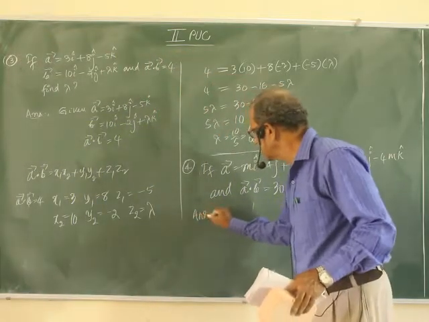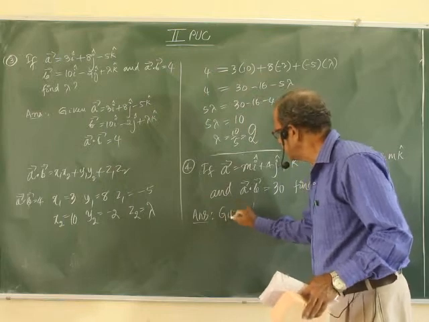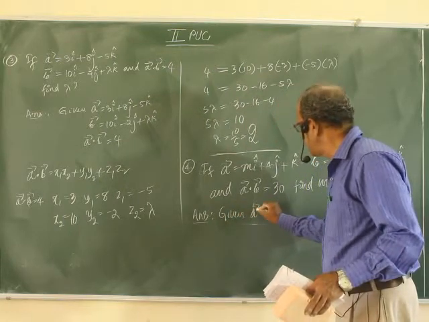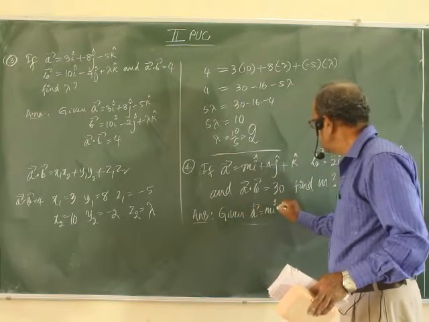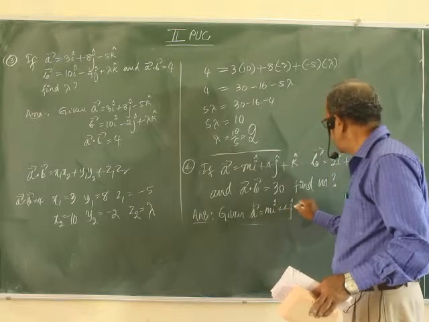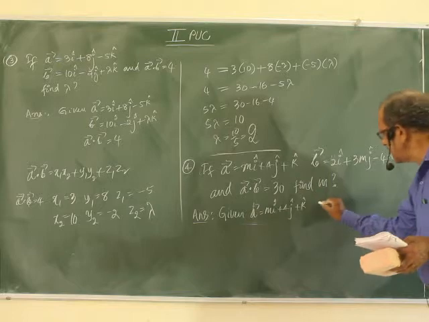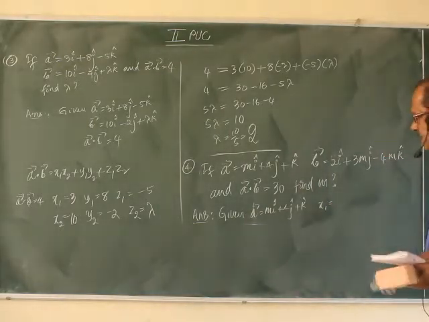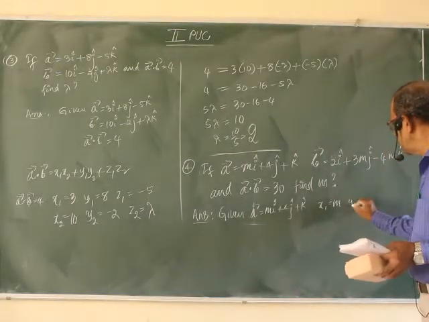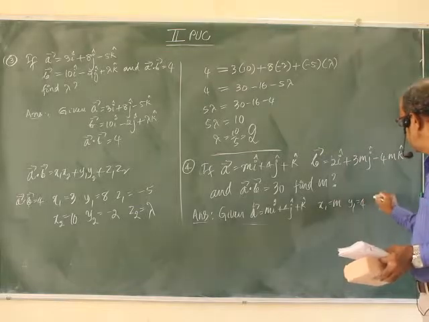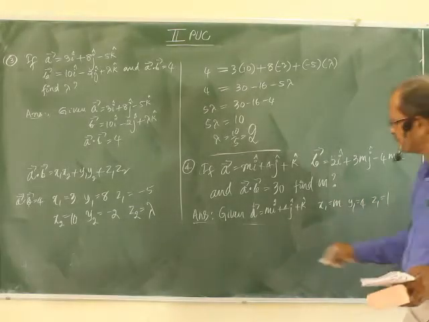Answer. Given A equal to mi plus 4j plus k. Shall I write x1, x2 here? x1 is m, y1 is 4, z1 is 1.